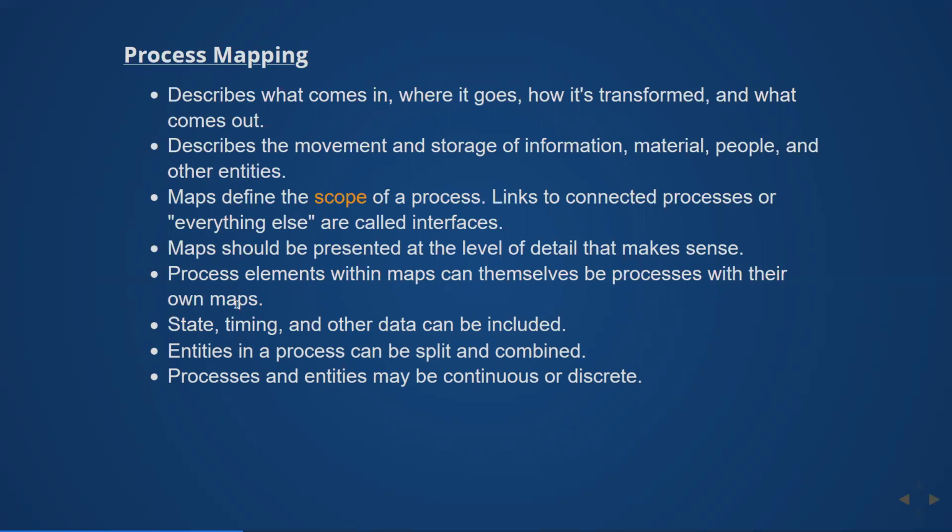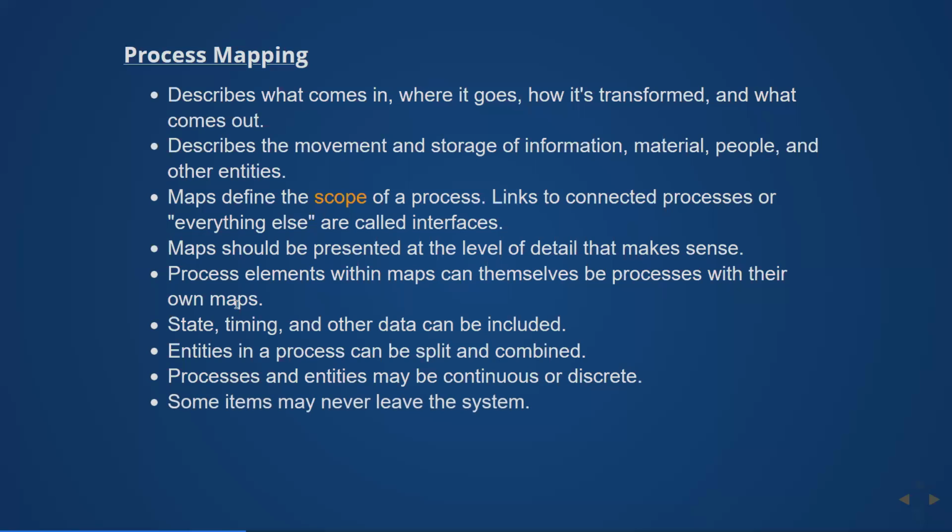Processes and entities may be continuous or discrete. I will say that comes from more of my experience as an engineer doing, among other things, heat and fluid flows. As BAs working with business and computer systems, your work is overwhelmingly going to be discrete.